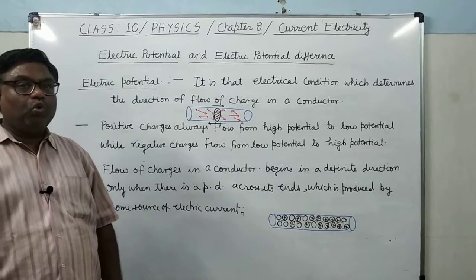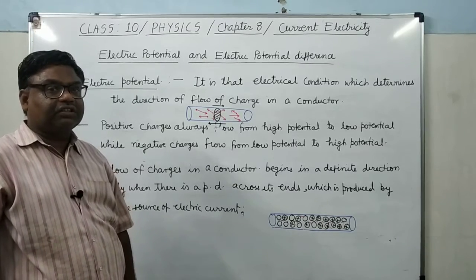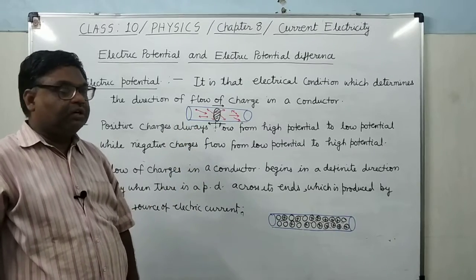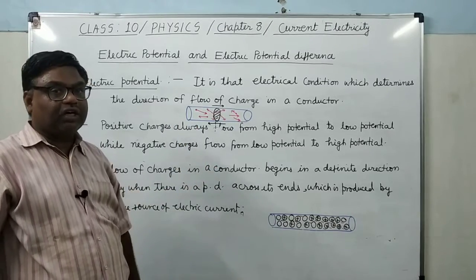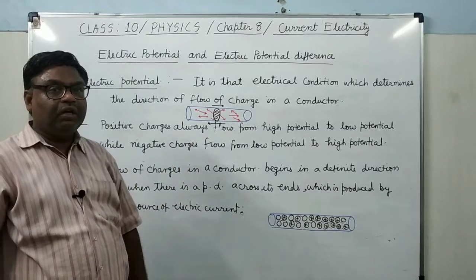When there is no overall transport of electrons, there will be no flow of charge. No flow of charge means no electric current will be produced.